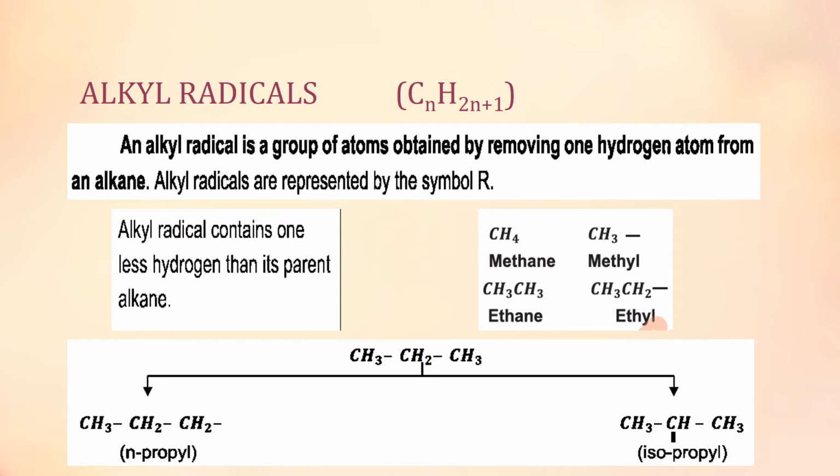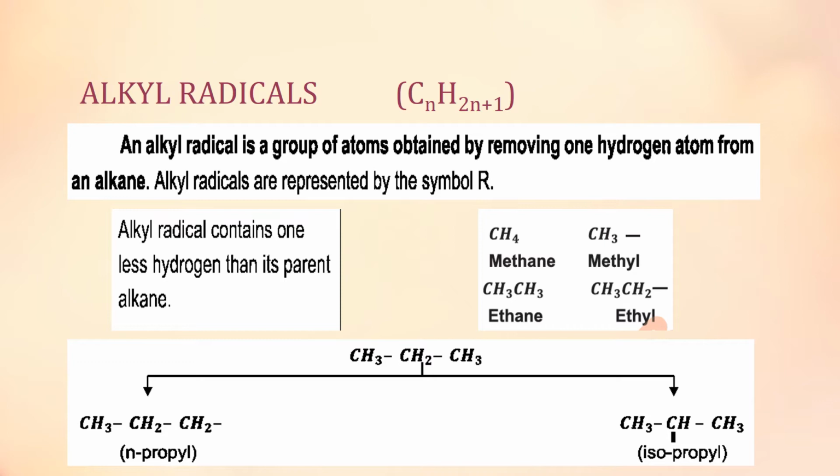This propane exists in 2 isomeric forms. It has 2 isomers. One is the n-propyl and second is the isopropyl. N-propyl is formed when one hydrogen atom is removed from the terminal carbon, the last carbon present at the end.